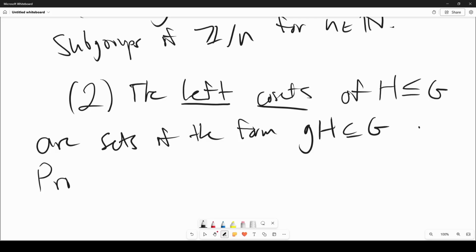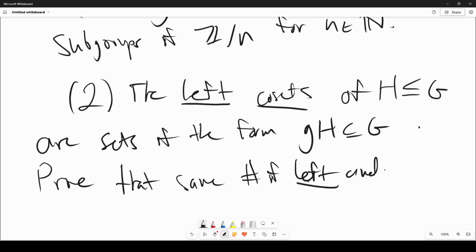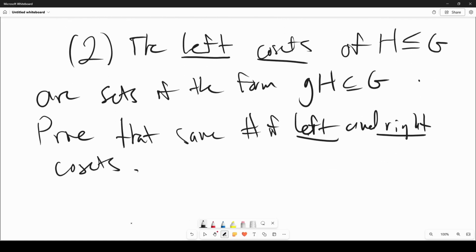And I want you to prove that there's the same number of left cosets as right cosets. And this should make the idea of the index a little bit more rigorous, because it's slightly arbitrary that I just defined it to be the right cosets. You could just as equally define it to be the left cosets, and this exercise will prove to you that it's still okay to do so. You'll get the same number both ways.